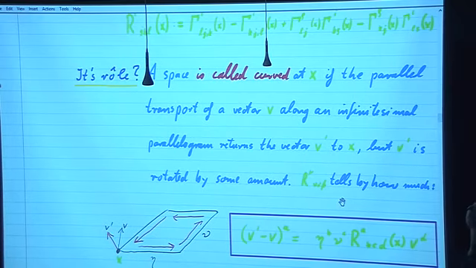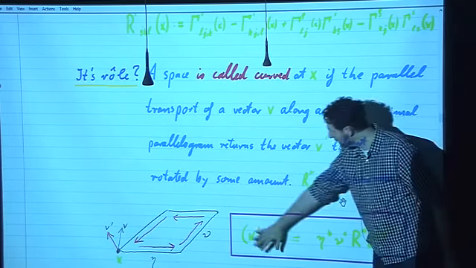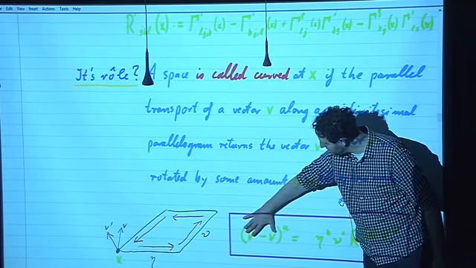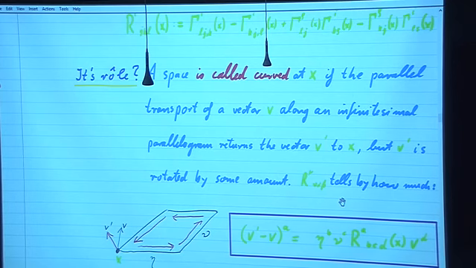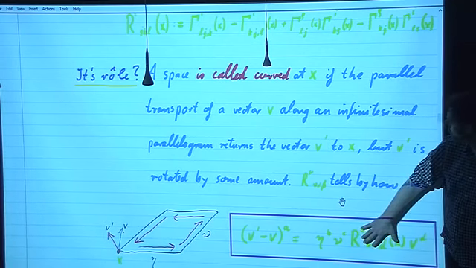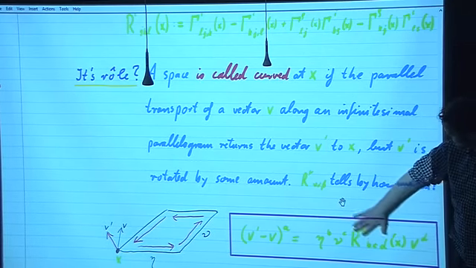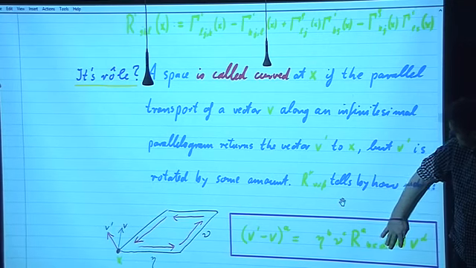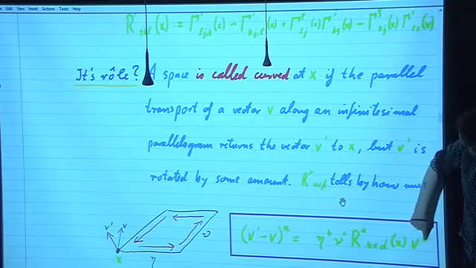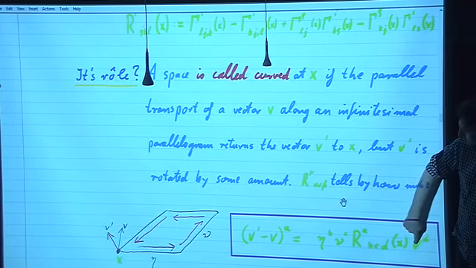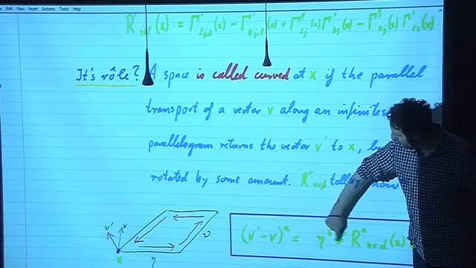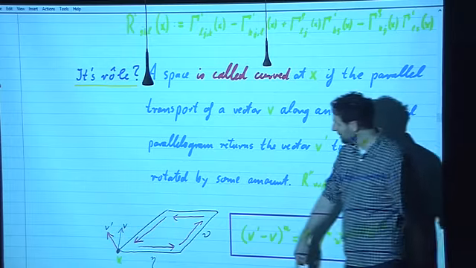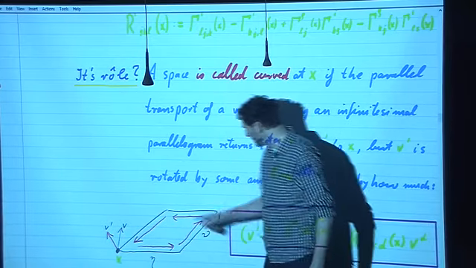And that change of direction is this v minus v prime vector. That vector can be expressed in terms of the Riemann curvature tensor in this way. You take the Riemann curvature tensor at the point x, then contract it with the vector that you want to parallel transport, and also with the vectors that describe the parallelogram's shape.